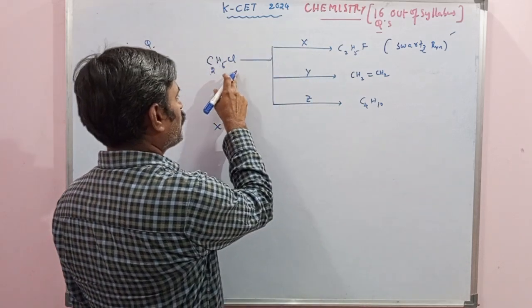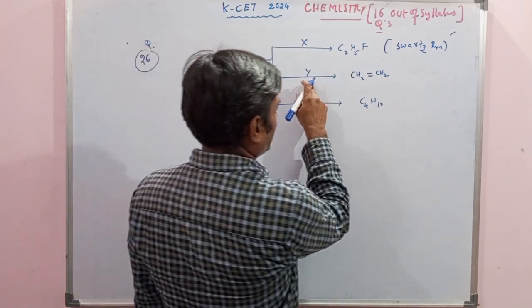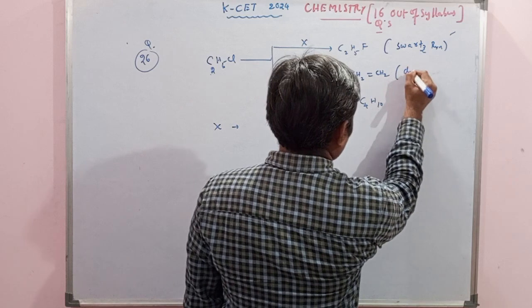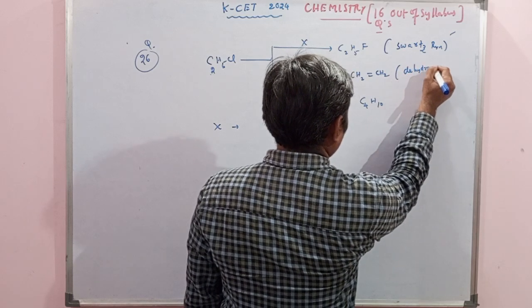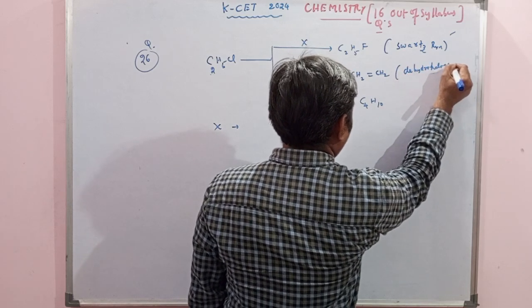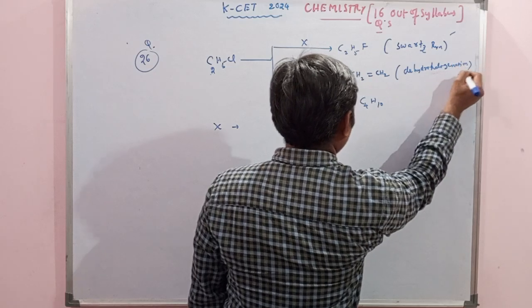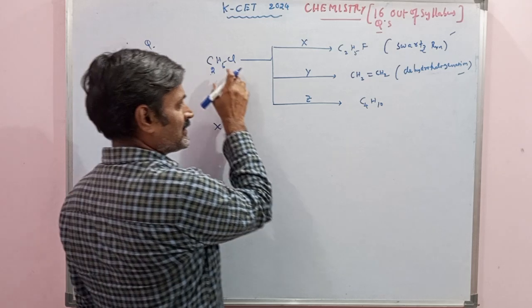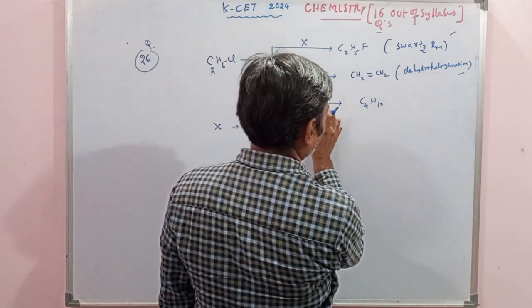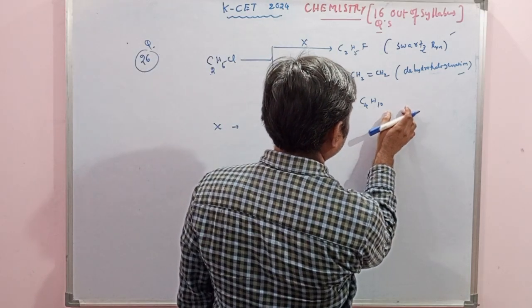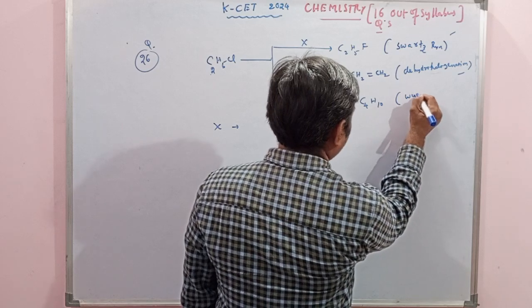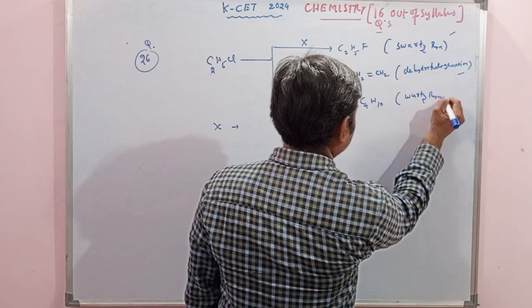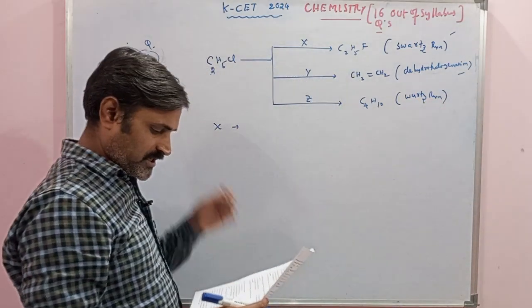So this is the named reaction called the Swarts reaction. When hydrogen halide is removed in the presence of Y, this is called dehydrohalogenation. When two alkyl halides are taken in the presence of sodium metal and ether, we get alkanes, that is Wood's reaction.